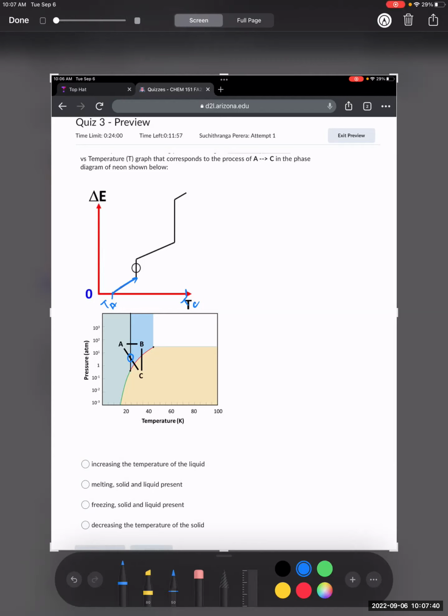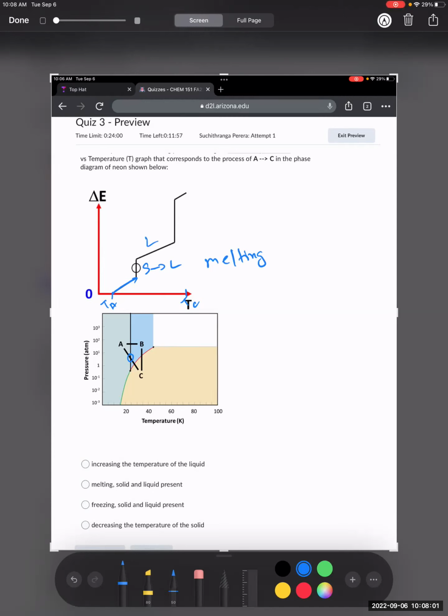The first boundary that this process is going to cross is the liquid solid boundary. The solid is becoming a liquid, and that process is called melting. Then we have other things.